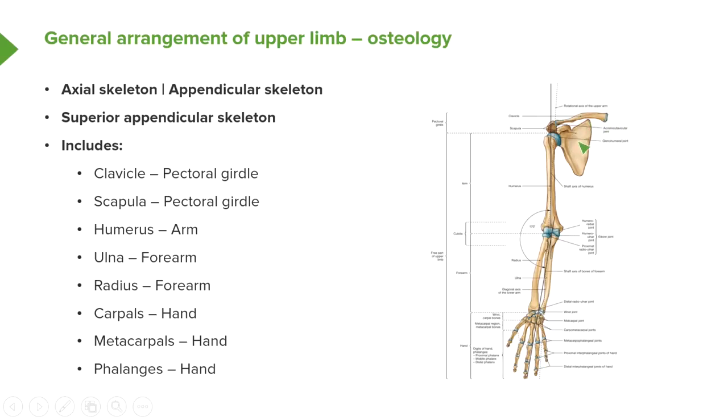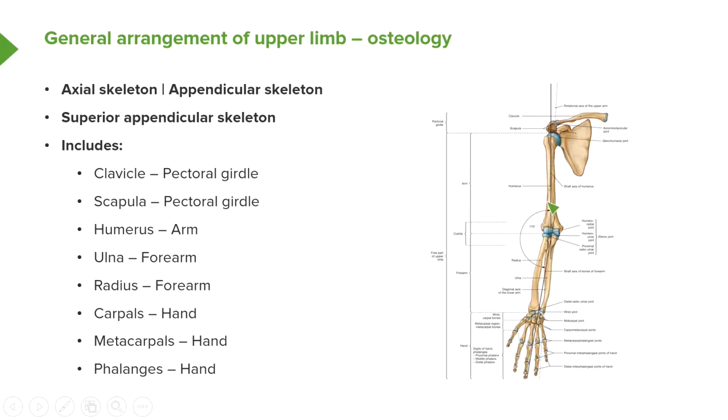And then we have the scapula, which you can see here, this flat triangular shaped bone that lies alongside the posterior aspect of the ribs.